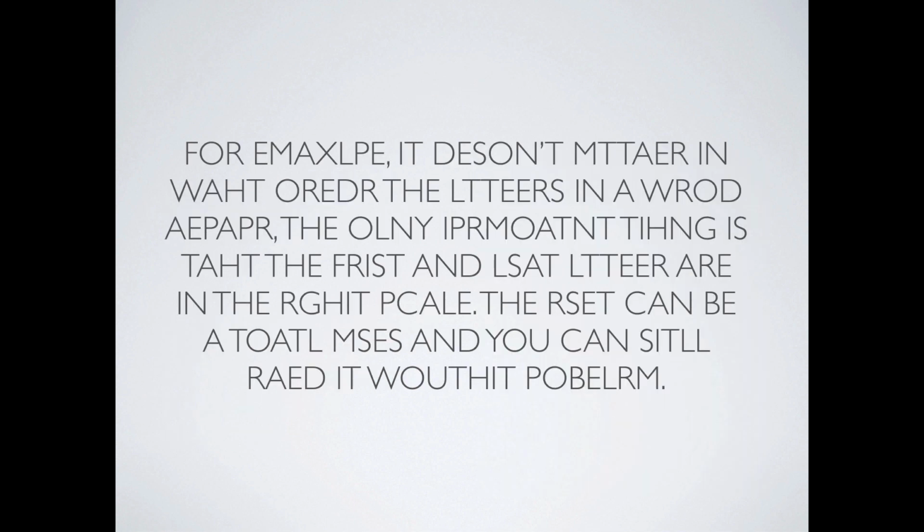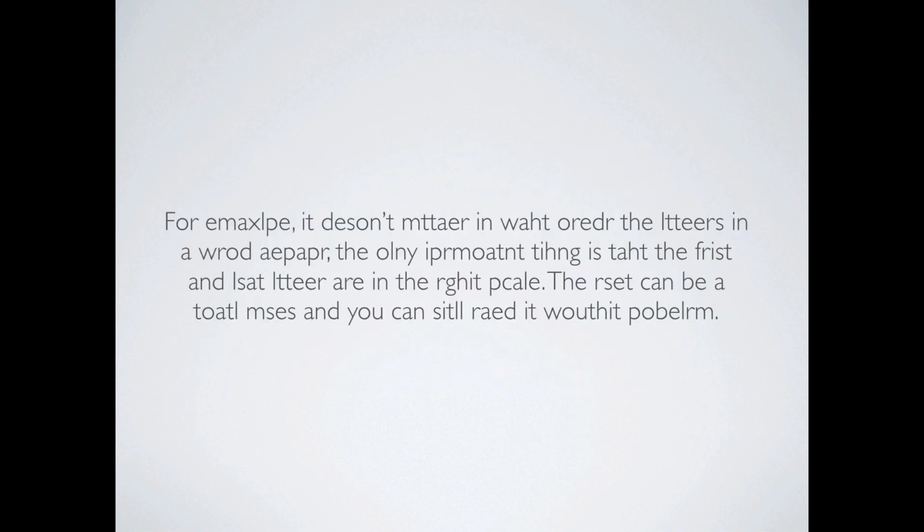So, for example, it doesn't matter in what order the letters in a word appear. This is hard to read, right? Because we have to concentrate on the individual letters to try to decipher it. Try to read this one. For example, it doesn't matter in what order the letters in a word appear. The only important thing is that the first and last letter are in the right place. The rest could be a total mess, and you can still read it without a problem.